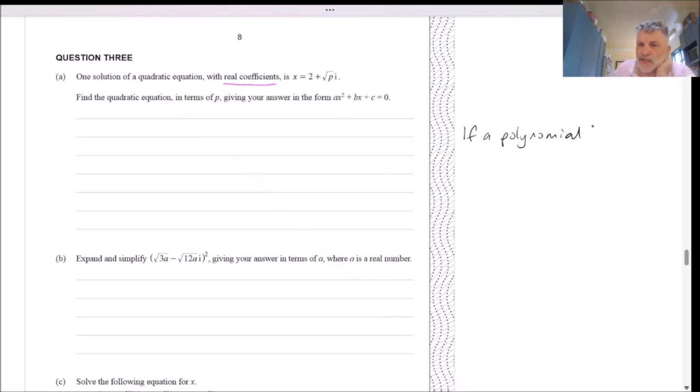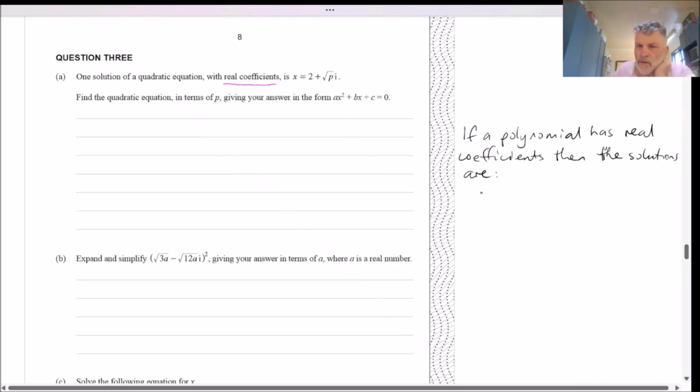If a polynomial has real coefficients, then the solutions are either real, or come in complex conjugate pairs. That is, every solution has to be either a real number or they come in pairs.